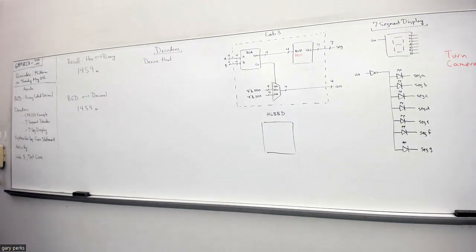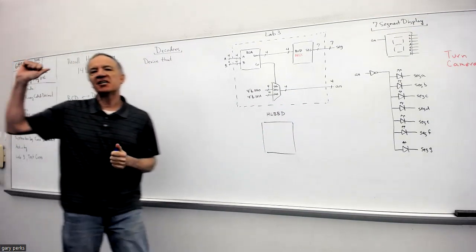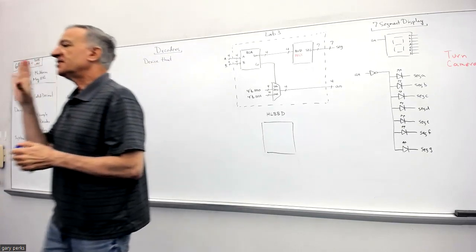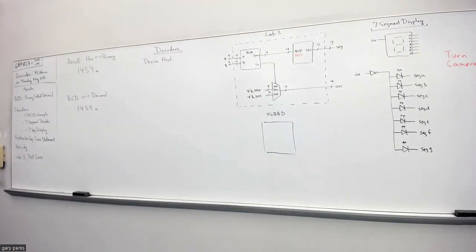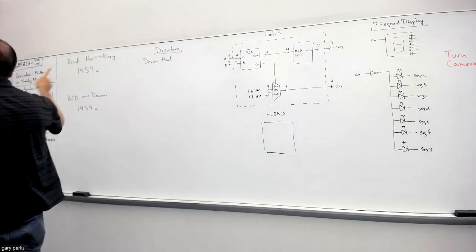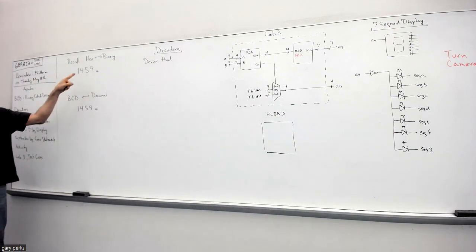And before we talk about BCD, I just want to go over something that we've already talked about, because once students see BCD, sometimes they get confused. So I'm trying to hopefully eliminate that confusion by first looking at something we've already talked about.